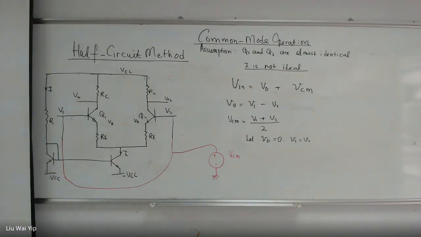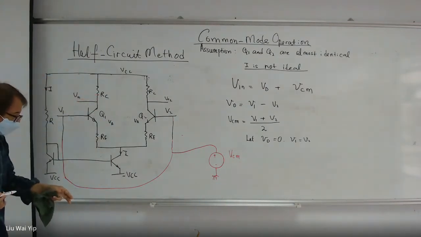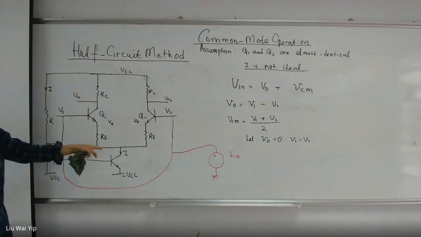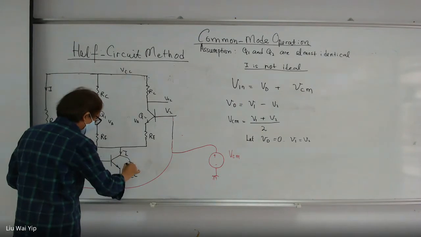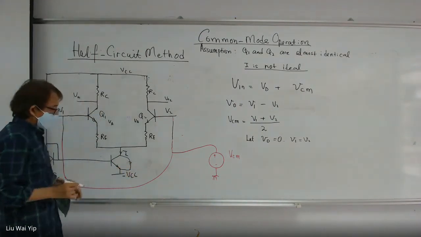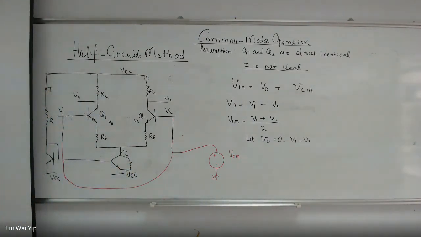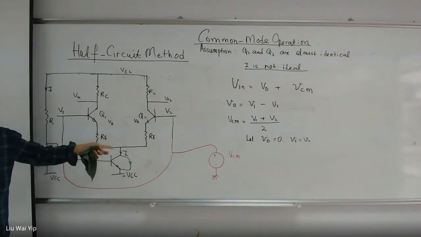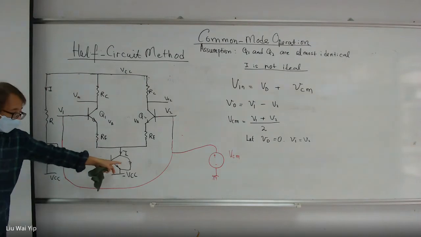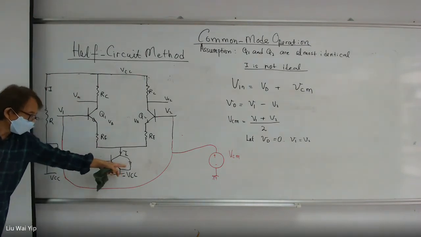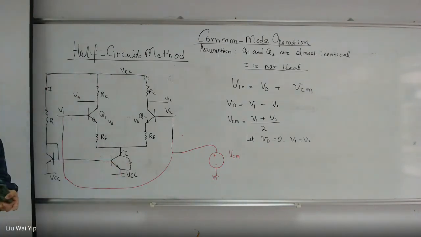But now going back here, the current source is not ideal. This means it's conducting, so there must be some resistance here that leads to leakage of current. Conducting means the current is not zero. There's a current here. Could you tell me what is the possibility?